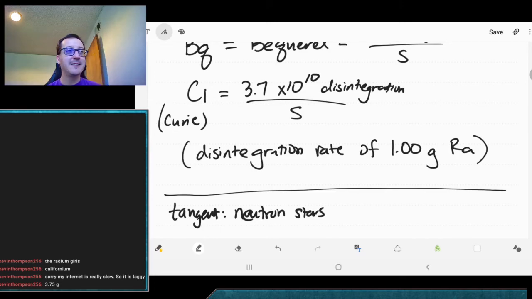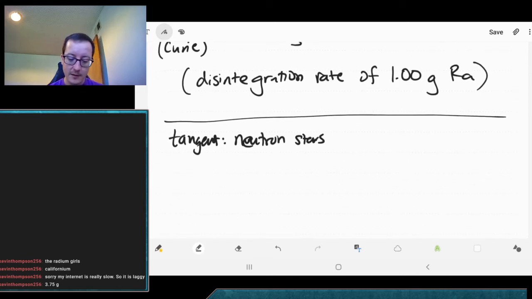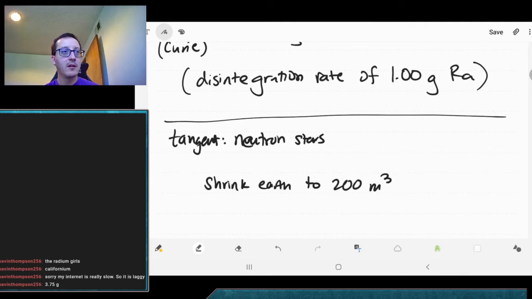So neutron stars have densities that approach the densities of nuclei. So we're looking at something like, if we were to shrink the Earth to 200 cubic meters or something like that, we would end up getting the mass of a neutron star.